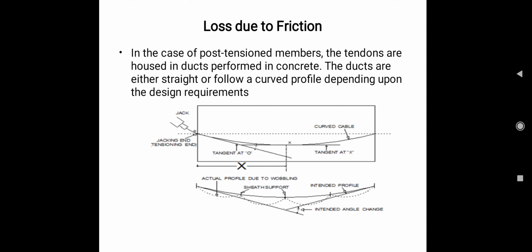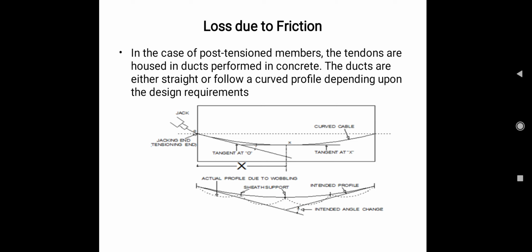When two members come in contact, friction is developed. Due to the friction, there is a loss of pre-stress in the cable or tendon.